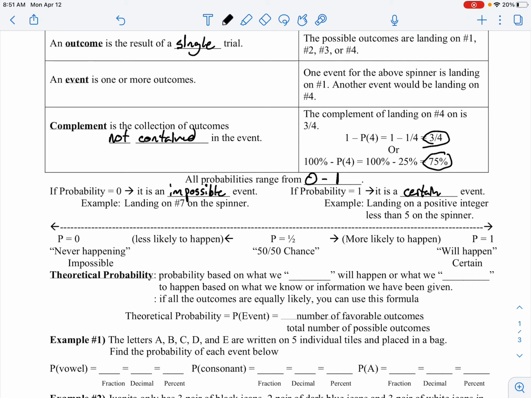So if something is in between 1/2 and 1, we call that more likely. If something is in between 1/2 and 0, we call that less likely. And then we have impossible, equal, or certain. So just ways to describe different probabilities here.